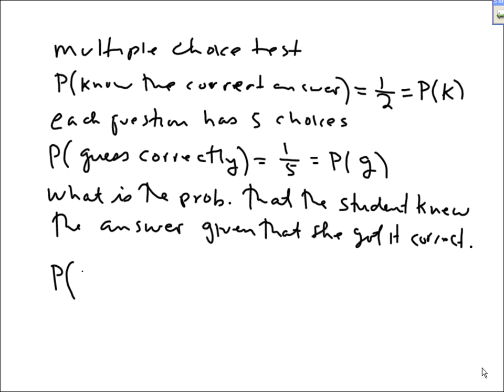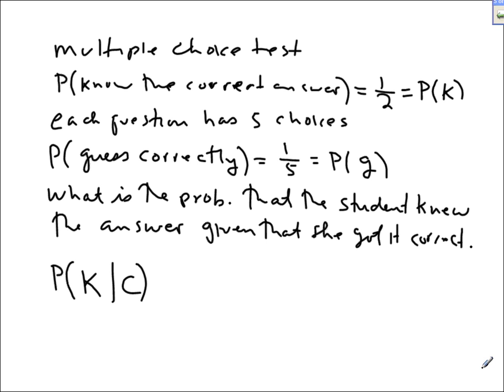What is the probability that you knew the answer given that it is correct. C for correct.